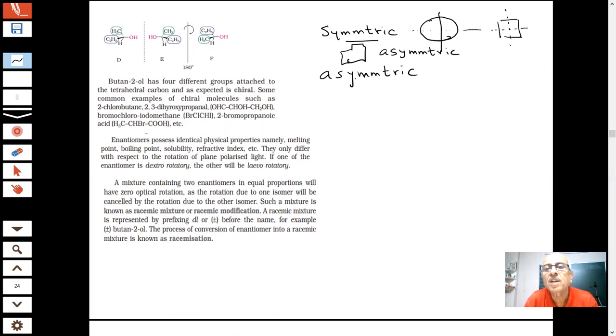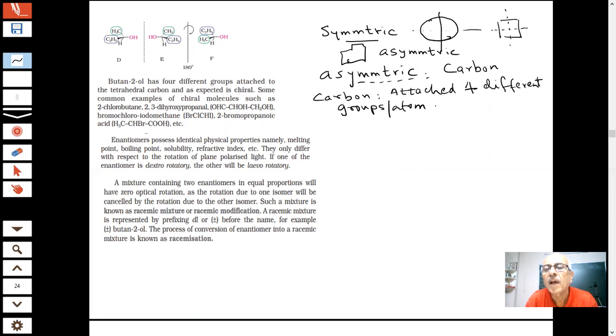When we use this for organic compounds, in organic compounds we have carbon. When carbon is attached to four different groups, students, four different groups or species or atoms, then that carbon is called an asymmetric carbon.